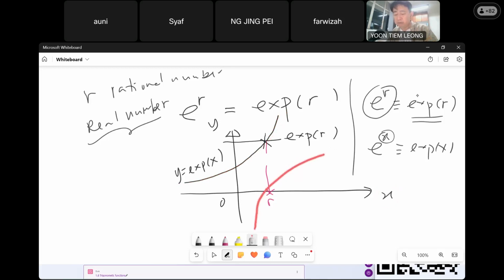Since the logarithmic function is defined for all x, when you reflect it about the y equals x line, every single point on the logarithmic function will be reflected into the exponential curve. In other words, the exponential curve is defined for all values of x. So anyway, the argument has to be established rigorously that you can always calculate the values of the exponential.